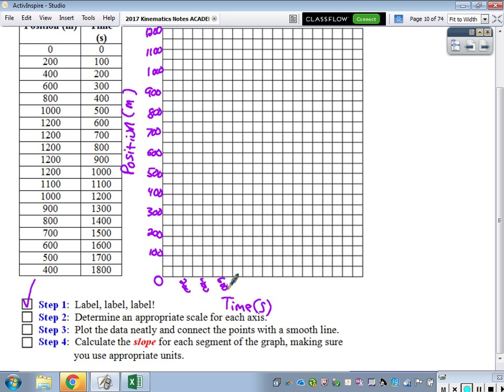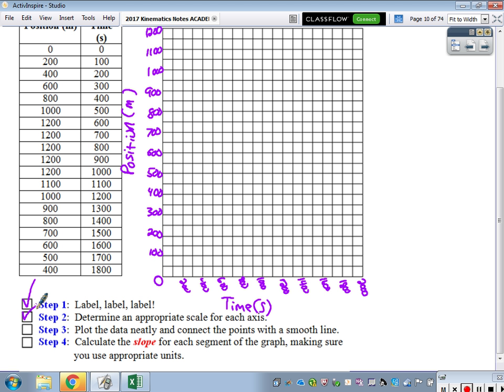So that should get us to 2,000, which is very close to our 1,800 and our maximum in our data. And when we're done with that, we get to go ahead, check off another box. Really feeling good about ourselves at this point.